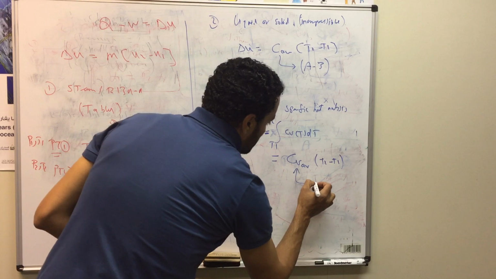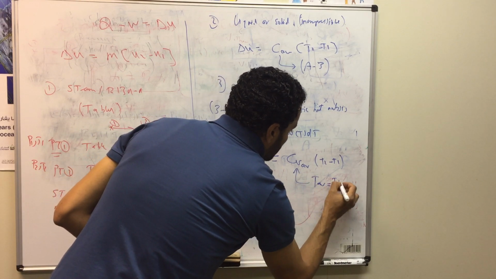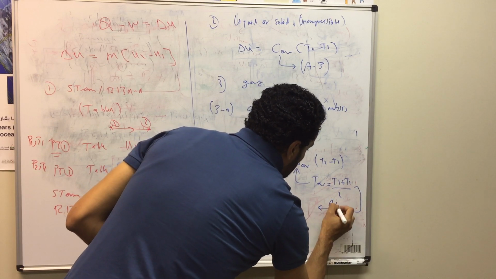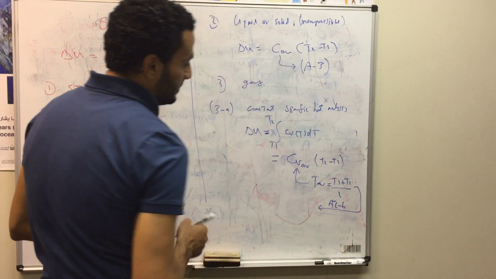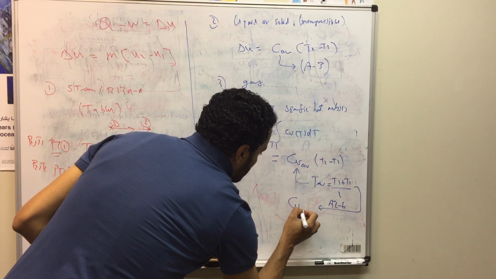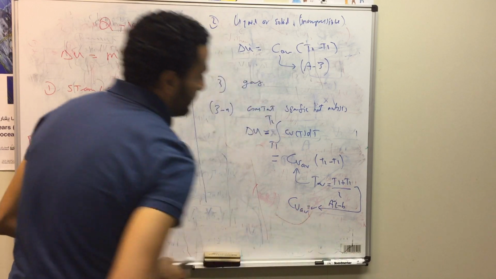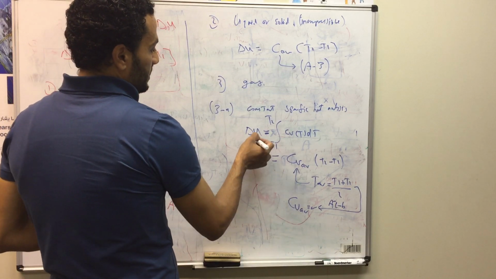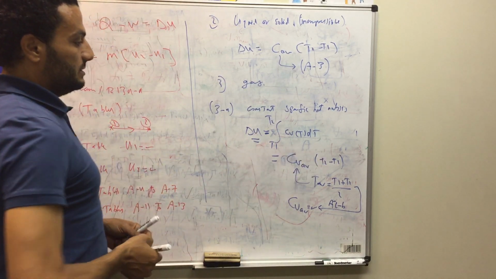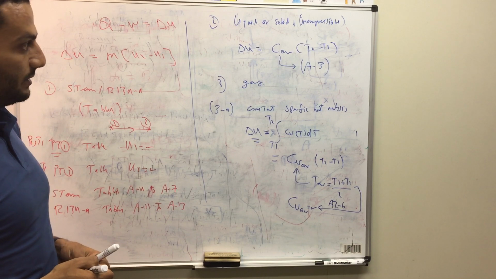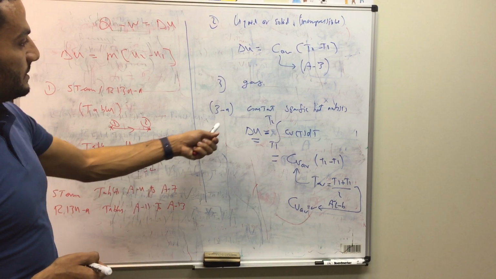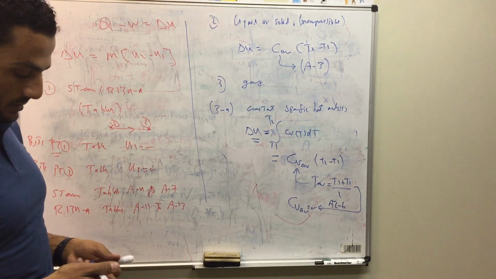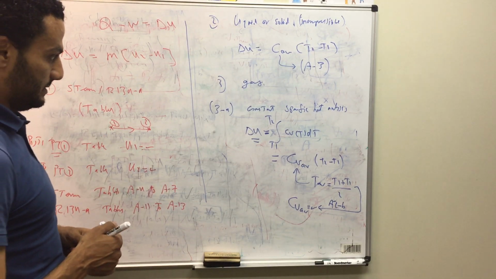And this Cv average is calculated at the average temperature, T1 plus T2 over 2, and then you can go to table A2b and get the value of Cv average. Then we substitute Cv average and delta T, and calculate delta U. But this is the first special case, when we are following constant specific heat analysis.